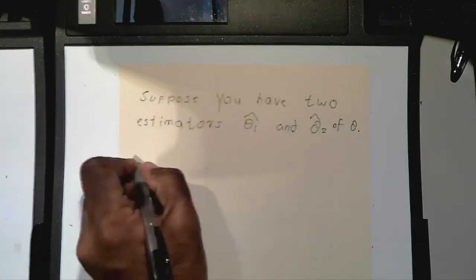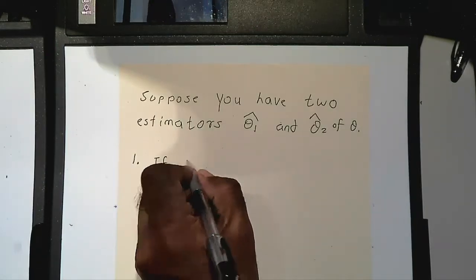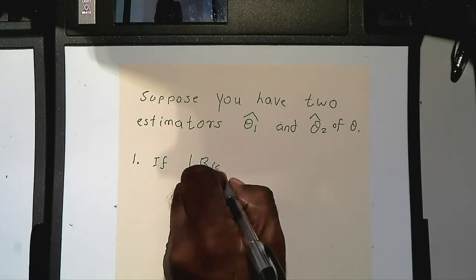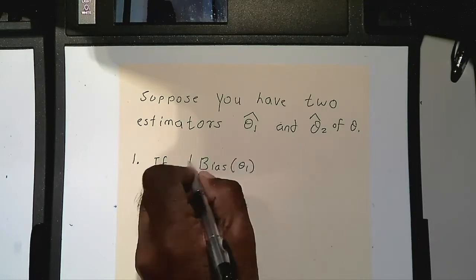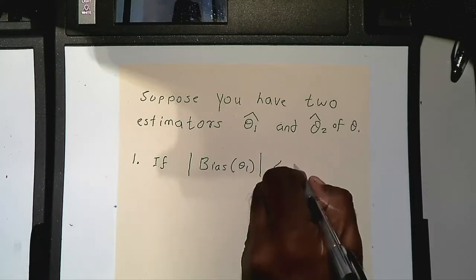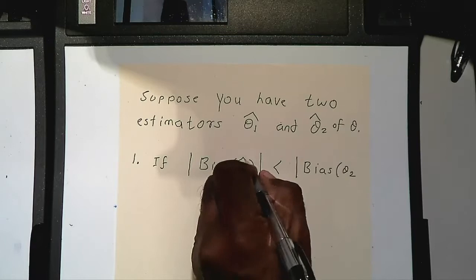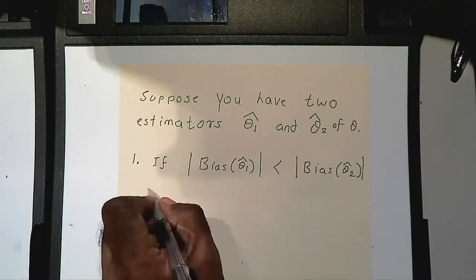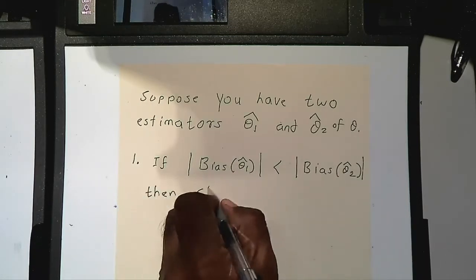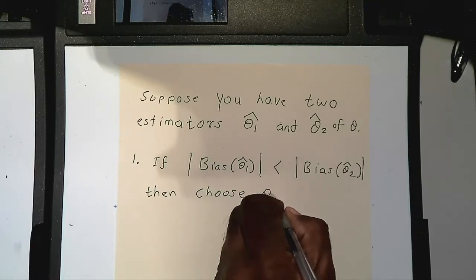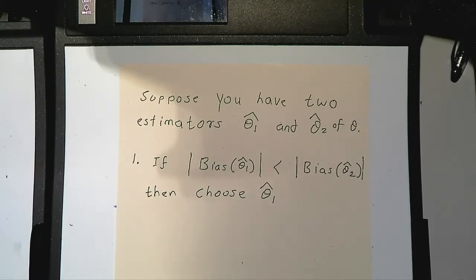So, to answer that question, if the absolute value of the bias of theta 1 is less than the absolute value of the bias of theta 2, then you choose theta 1 as the better estimator.